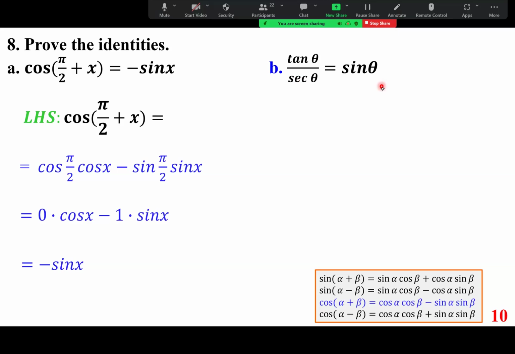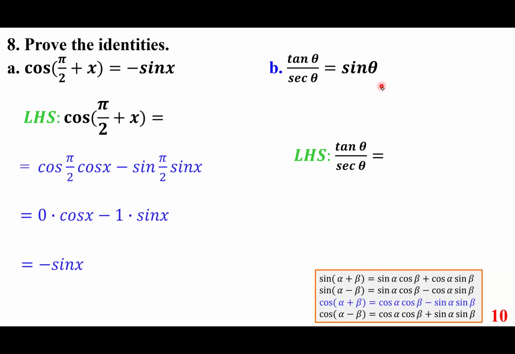Tan of theta over secant theta equals sine theta. We start with one side. Left-hand side is more complicated, and we are going to replace tangent and secant using sine and cosine. So we know tangent is sine over cosine, and secant is 1 over cosine.